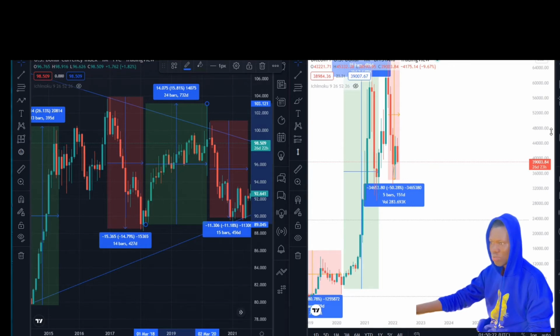And when you come to the current trend we are having, the period between April 2020 to July 2021, our DXY was falling.